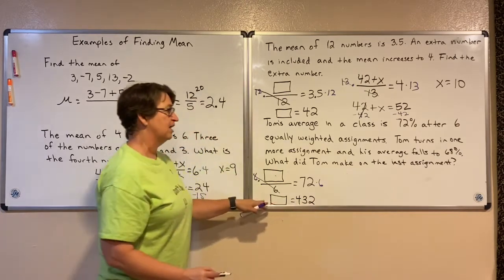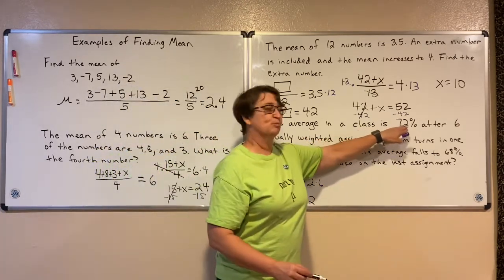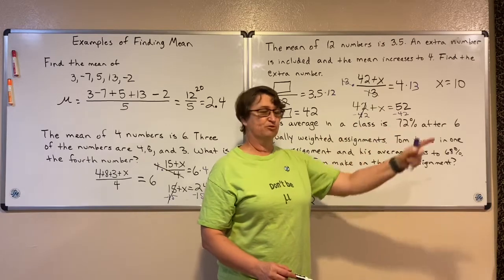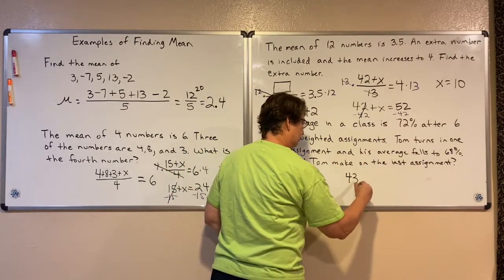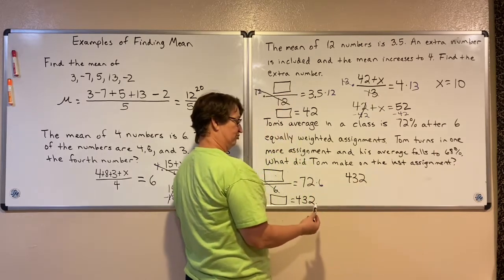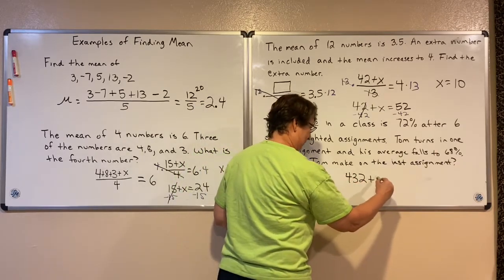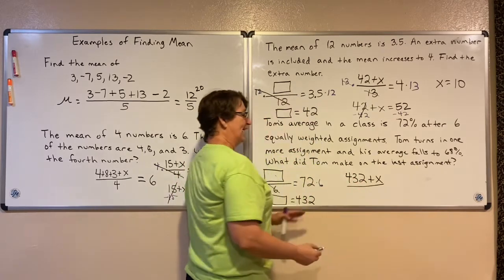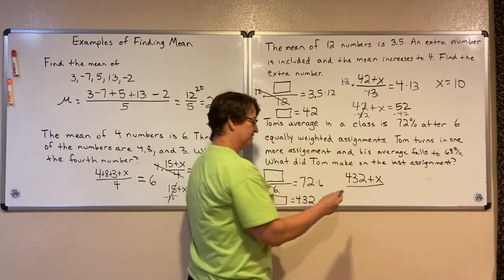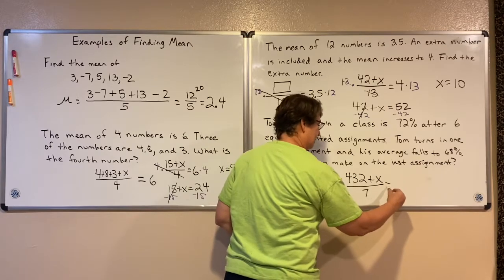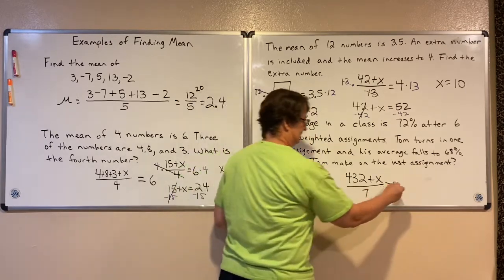So my 6 numbers that were 72% each add up to be 432. I'm adding another assignment. I had 6 assignments plus another assignment makes a total of 7 assignments. So I'm going to divide by 7. And my new average is 68.